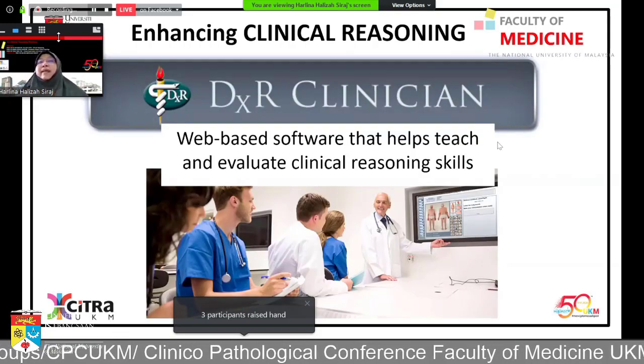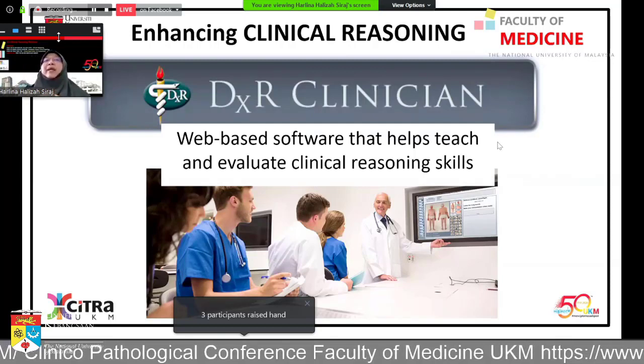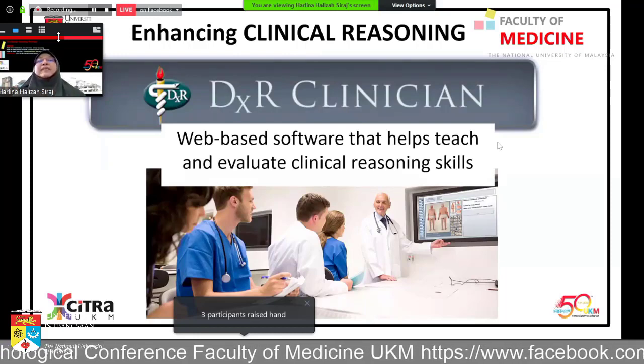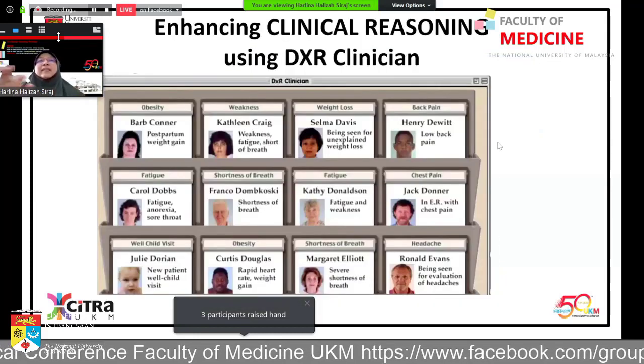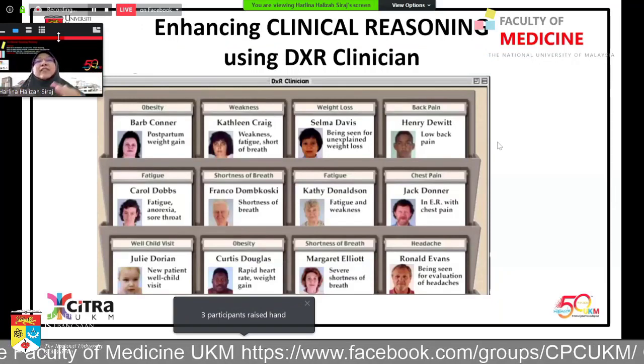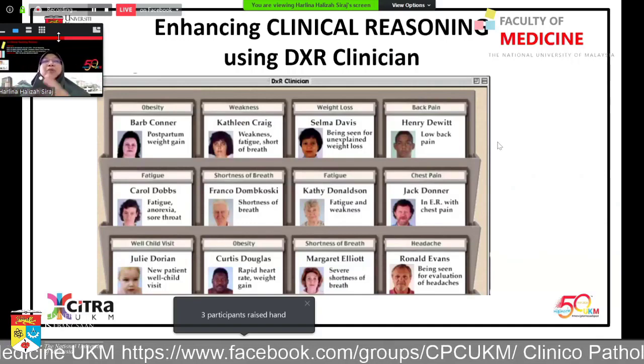Now, another thing is actually this DXR clinician. So this is just one of the example. It is a web-based software that helps teach and evaluate clinical reasoning skill. So for Faculty of Medicine, we have actually purchased this, and they have this menu of patient, and you can just choose. You might not have to have all of their menu, but you can.